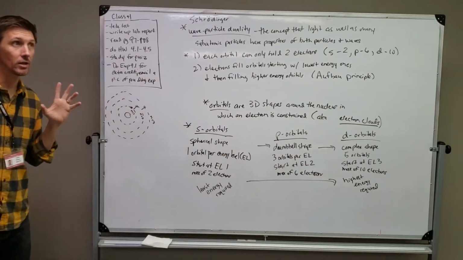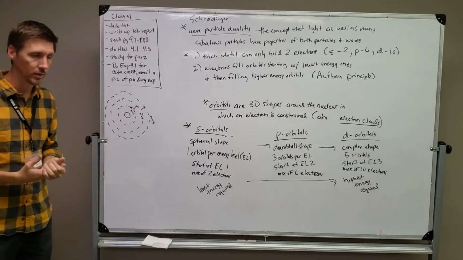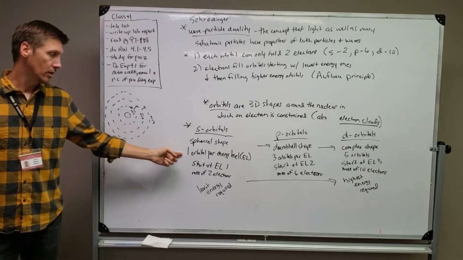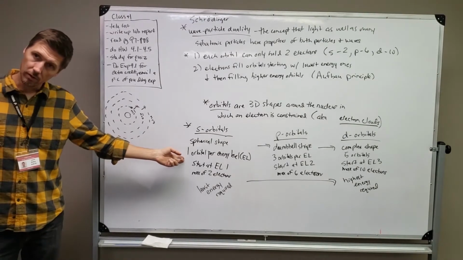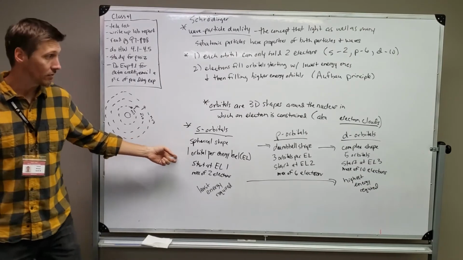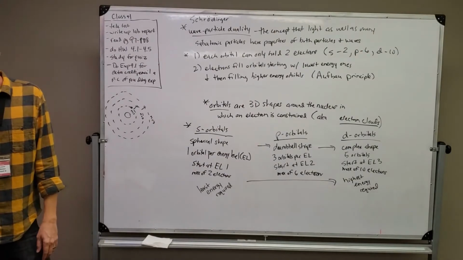So as the electrons fill the orbits around an atom, you're first going to have the s orbital at energy level 1 filled, and then you're going to have the s orbital at energy level 2 filled, and from then it's going to fill the p orbital at energy level 2.